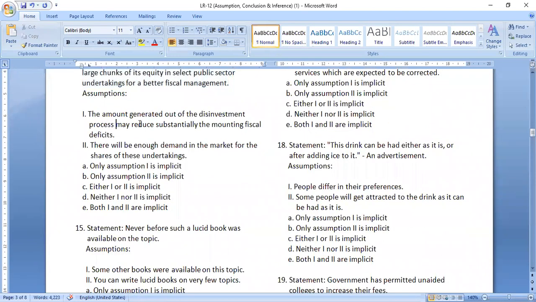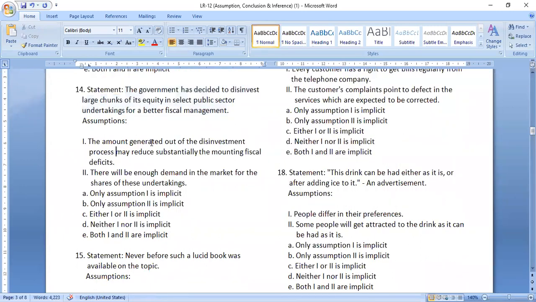So the statement 1: the amount generated out of the disinvestment process may reduce substantially the mounting fiscal deficit. Is that implicit? Yes, otherwise it wouldn't be better, right? I think that's straightforward, just a different way of putting the statement.